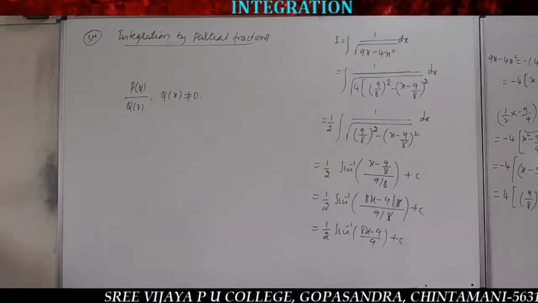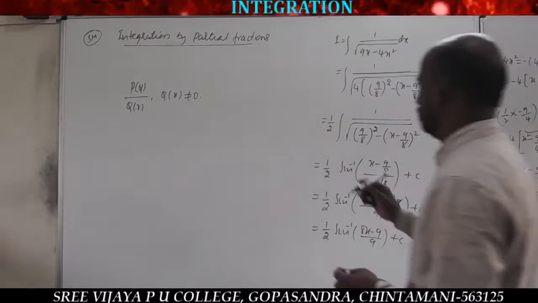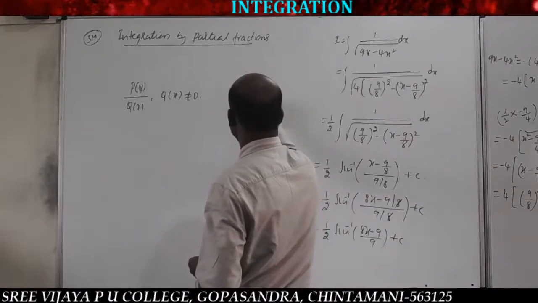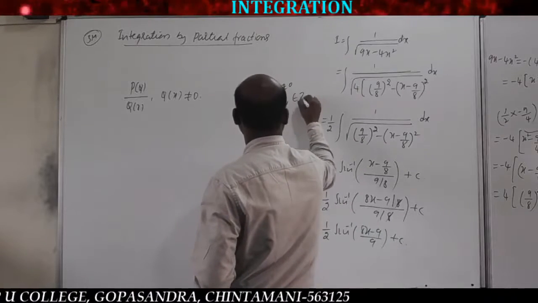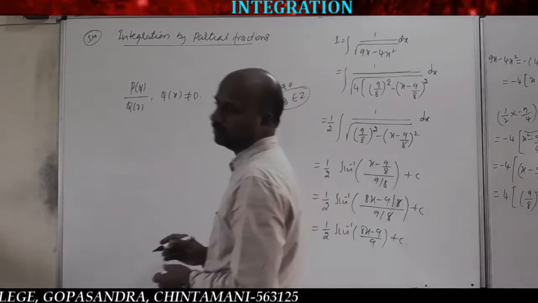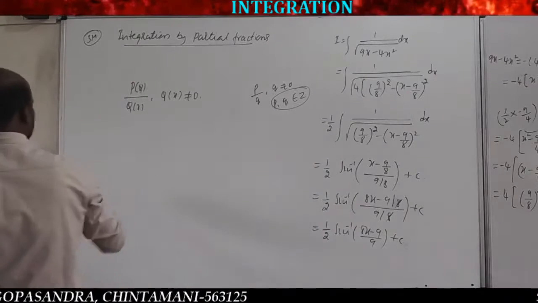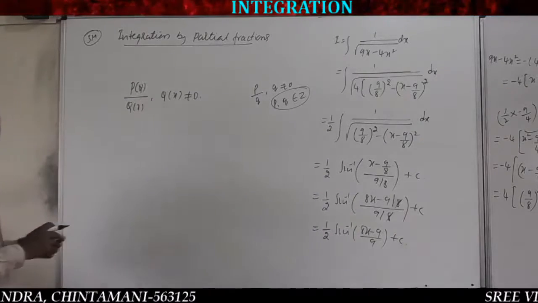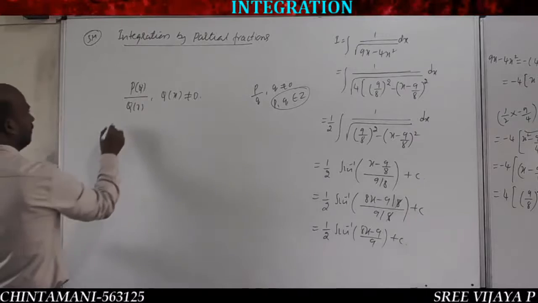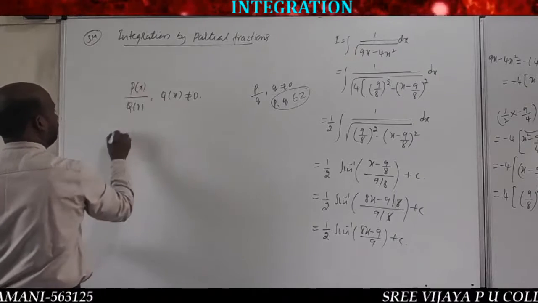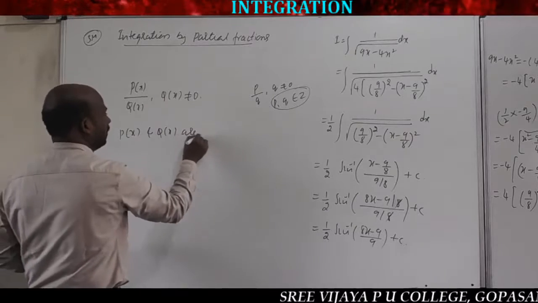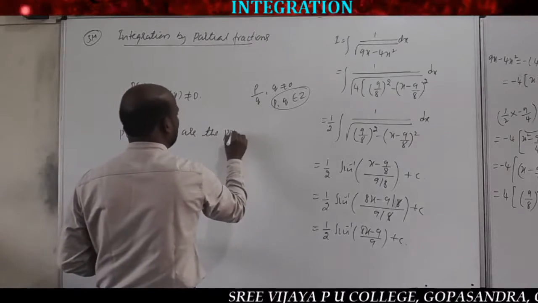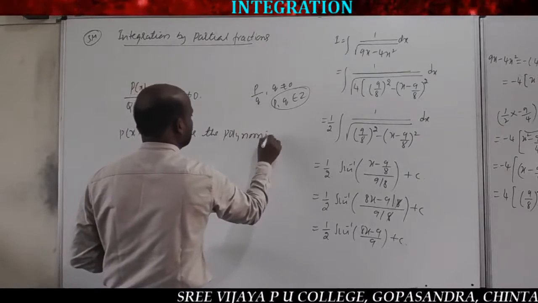So p by q, in general, we call rational numbers, where q is not equal to 0 and p and q are integers. This is a rational number, and this is a rational function. Here p of x and q of x are polynomials in x.